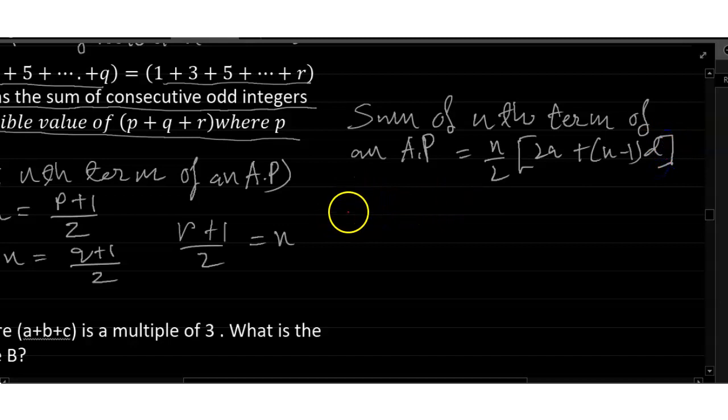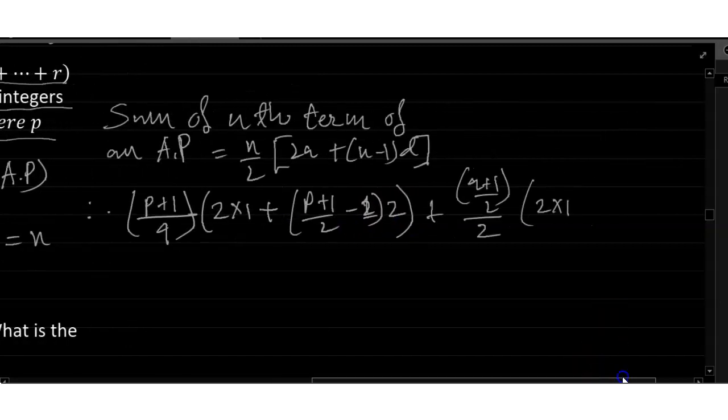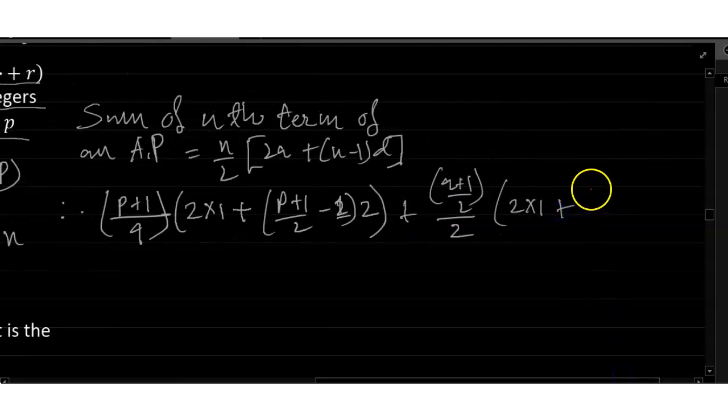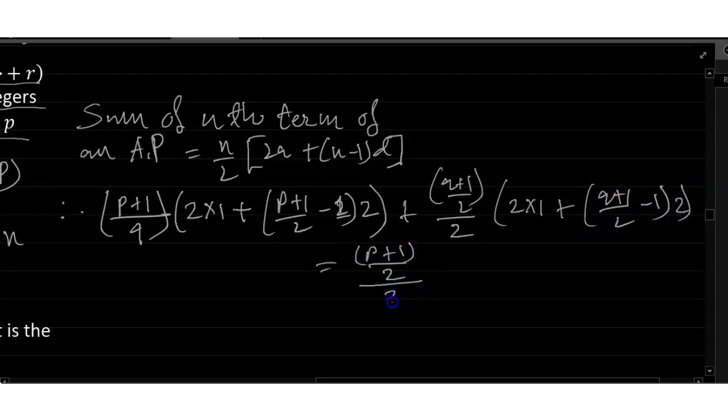Therefore, (p+1)/4 (q+1) equals (r+1)/2 into [2 into 1 plus ((r+1)/2 minus 1) into 2].